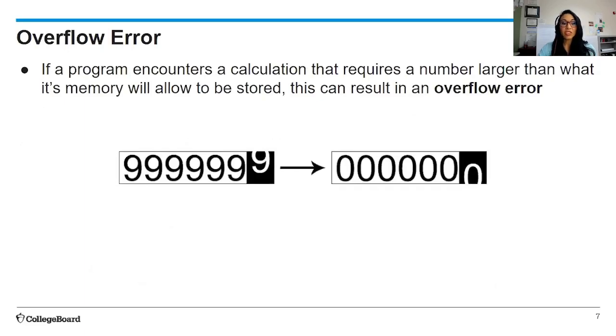So a limitation on the amount of values available will limit the kind of calculations our programs can do. If the program encounters a calculation that requires a larger number than its memory will allow it to store, this can result in something called overflow.